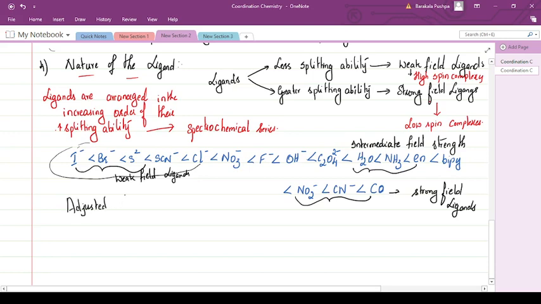These explain why OH minus, despite having more negative charge than H2O, gives a lower d orbital splitting, and why CN minus, bipyridine and NO2 produce unusually high splitting.